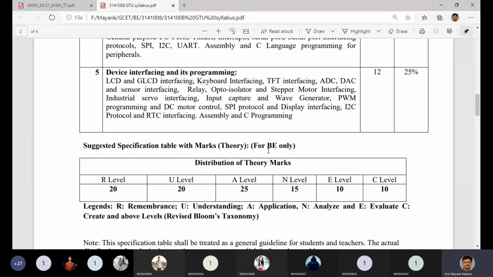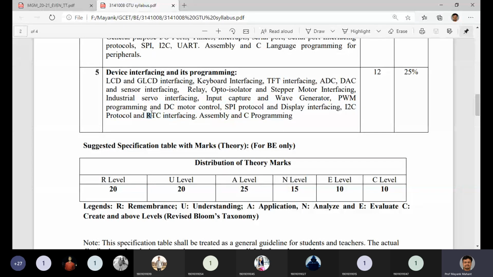It will also be shown how a display can be interfaced over SPI or I2C protocol. Finally, we will conclude our subject with discussion of RTC interfacing. RTC is nothing but a real-time clock, and we will see how real-time clocks can be interfaced with your AVR, and we can also program it in assembly or so.